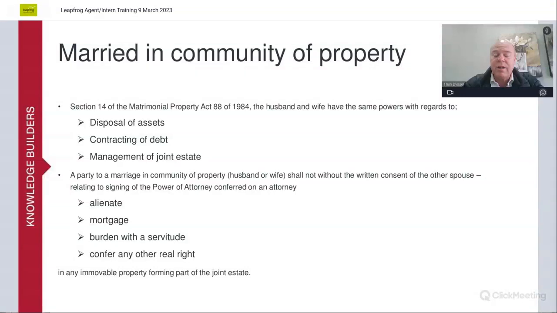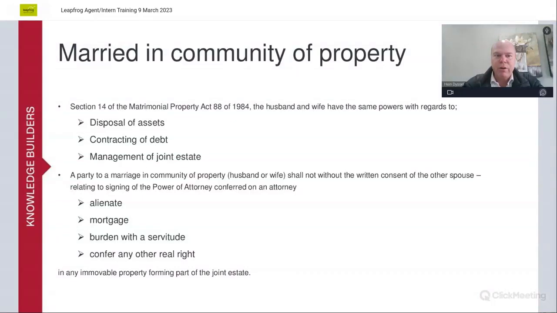You cannot register a mortgage bond over immovable property. You can't burden the immovable property with a servitude or with any other real right over the property. So if you are married in community of property, and this is where it is important to you and me, because we deal with immovable property.